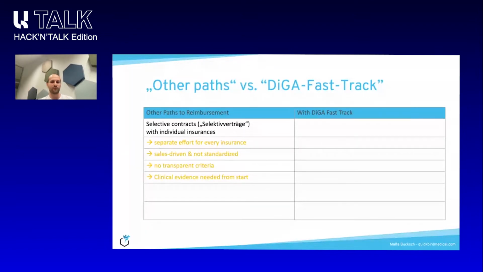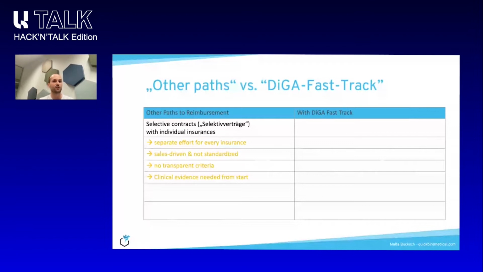And if they think you would, for example, save them money, they might reimburse you. And the problem with that is you have separate effort for every single insurance. You need to ask each of them separately. It's very sales-driven, not a standardized process. So there are basically no transparent criteria on how to get reimbursed by those insurances. And you usually need the clinical evidence from the start, like a clinical study, so they have more trust, which is good, but it also stops some innovation.